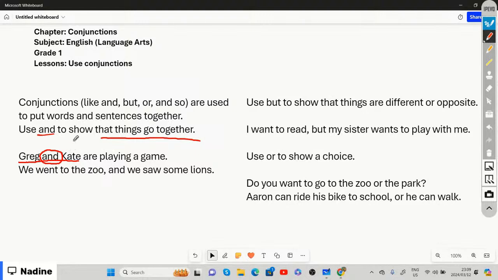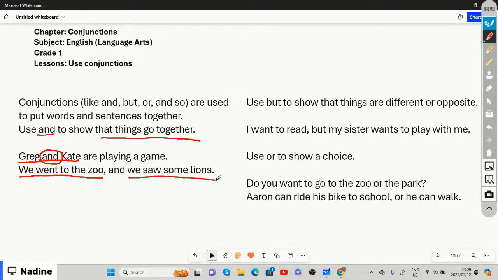Then we have sentences, right? Remember we said a conjunction puts together either words or sentences, right? For example, we went to the zoo and we saw some lions. So here we have two independent or simple sentences which can stand on their own. For example, we went to the zoo.